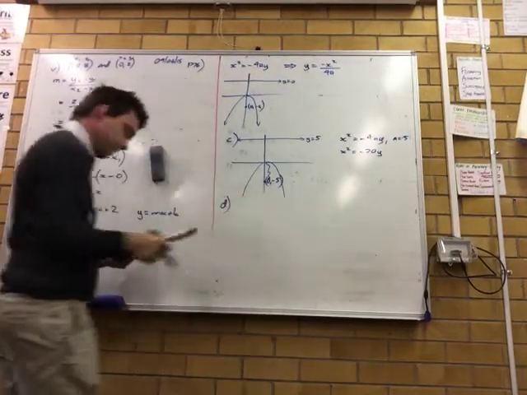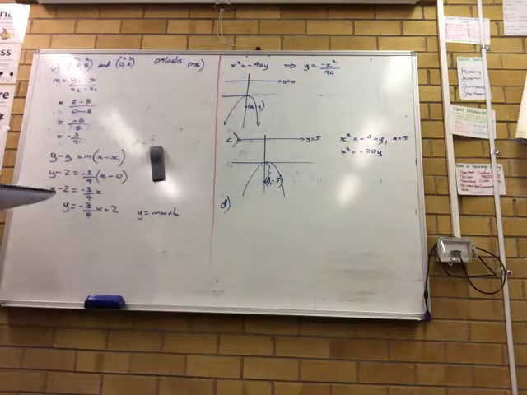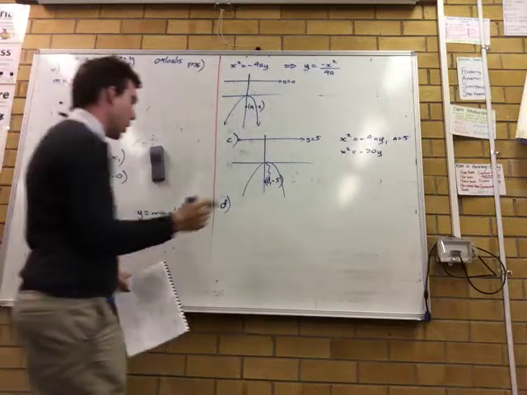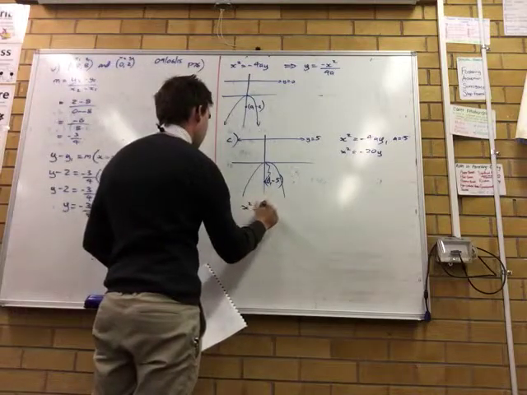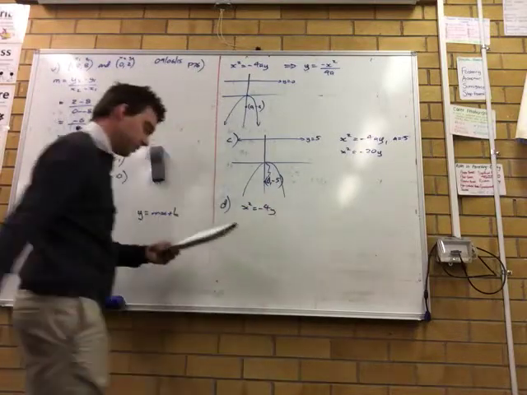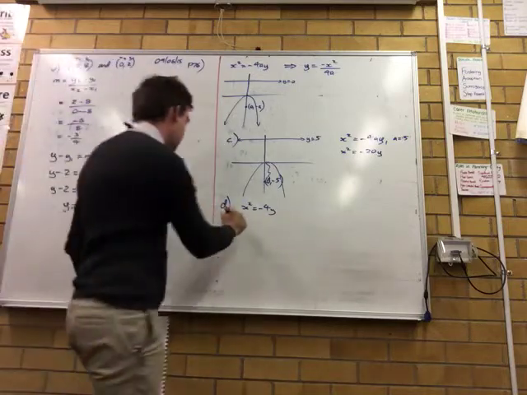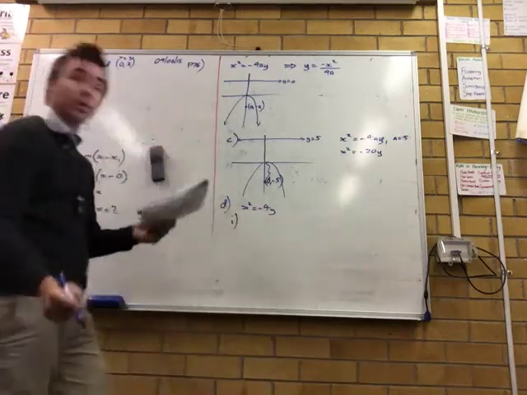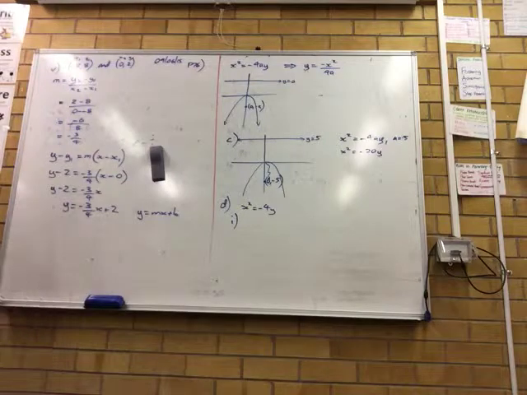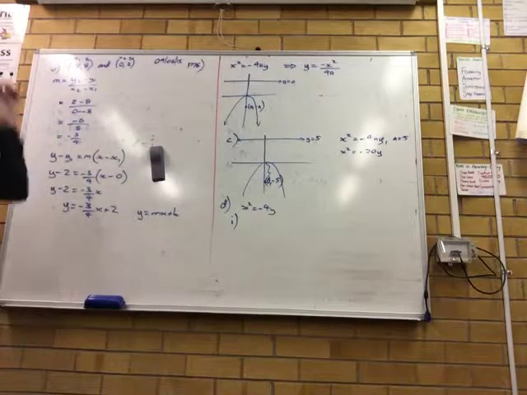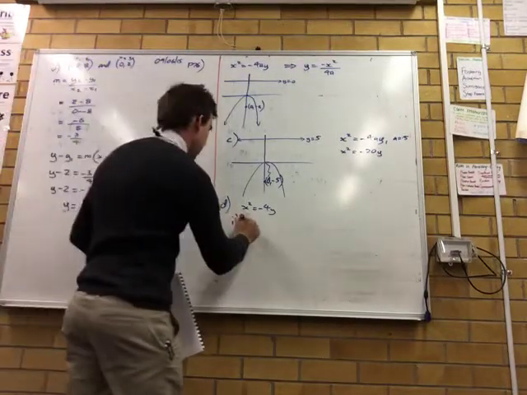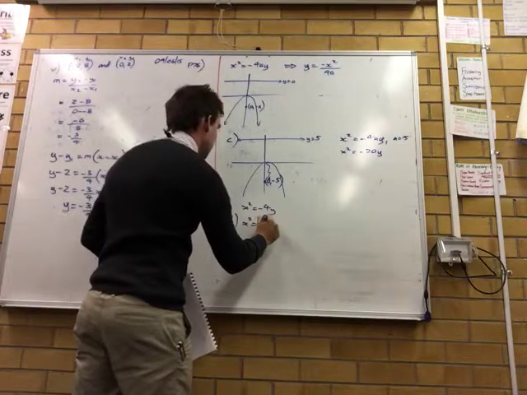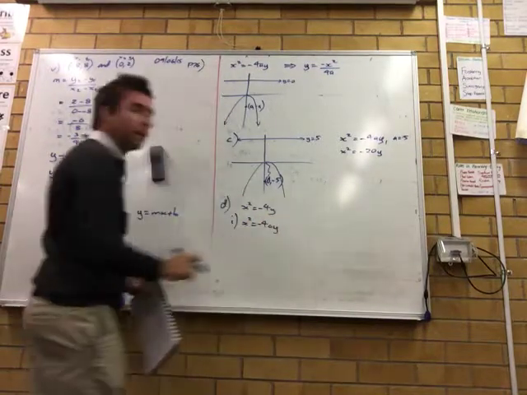Alright, D. For the parabola x squared equals negative 4y, we need to find the focal length. So you rewrite the formula for the orientation of that parabola: x squared equals negative 4ay.